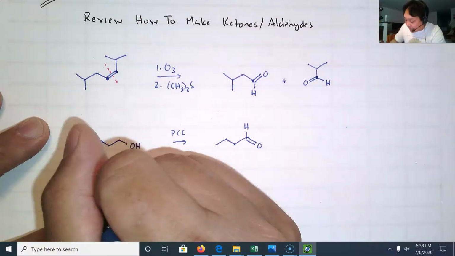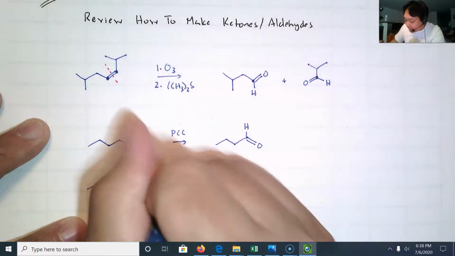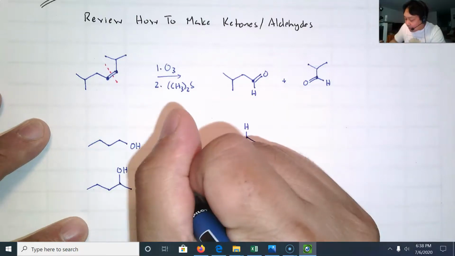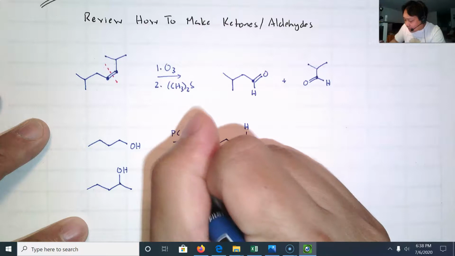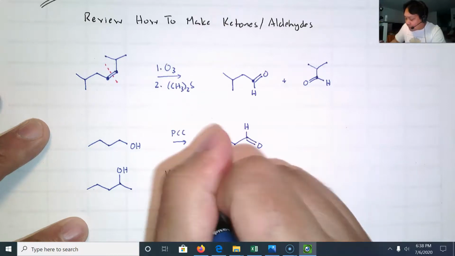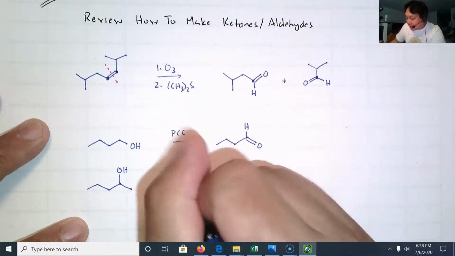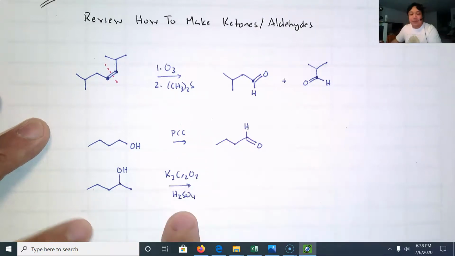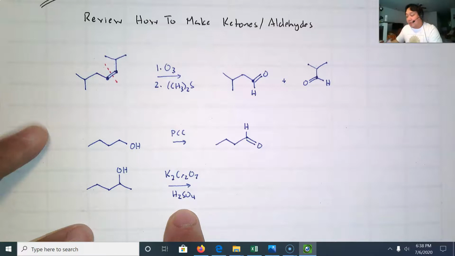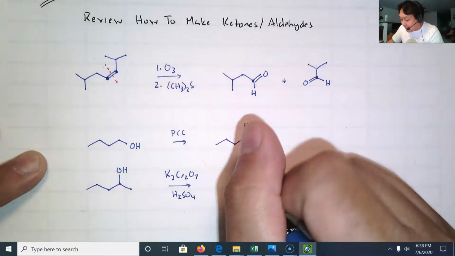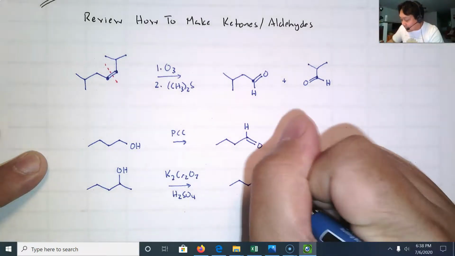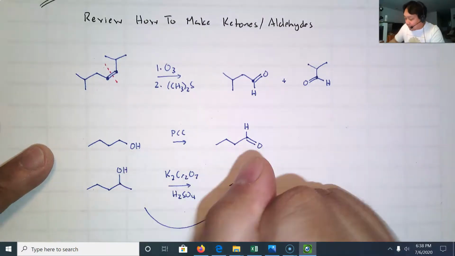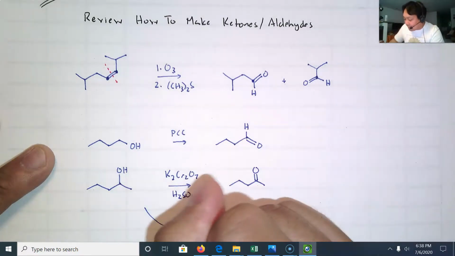Now, we could make a ketone if we take a secondary alcohol, and yes, we can use chromic acid. More popular than straight chromic acid is this combination, potassium chromate and sulfuric acid, which makes chromic acid in the reaction flask, and you will get the ketone. Or, don't forget that you could also use PCC.